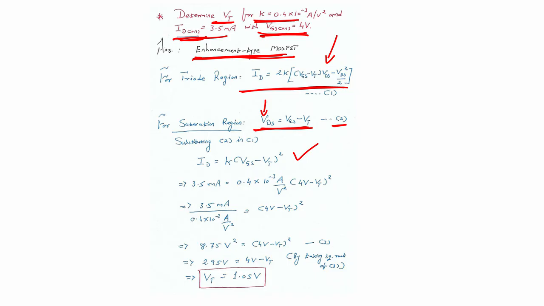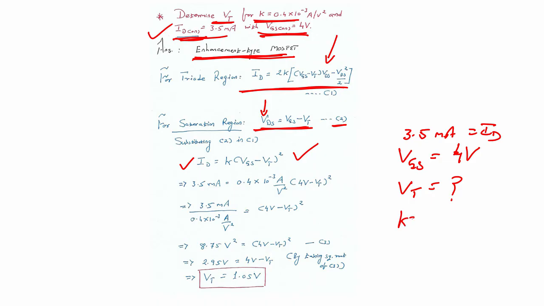Now, I already have ID. What is ID? 3.5 milliampere, it is already given here. I have VGS, 4 volts. VT I have to find out.